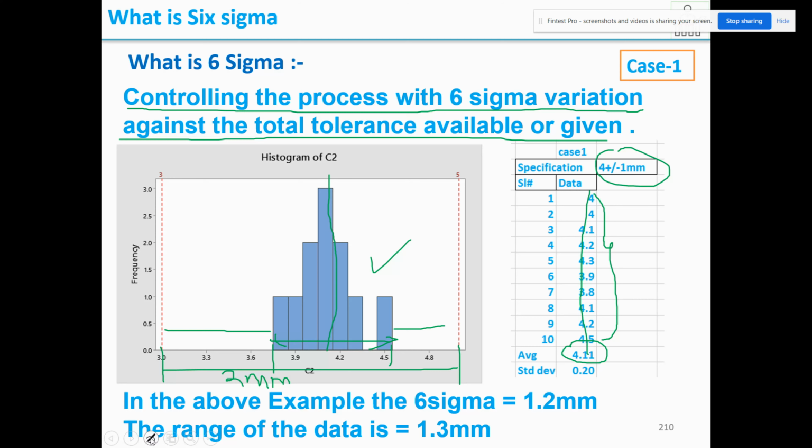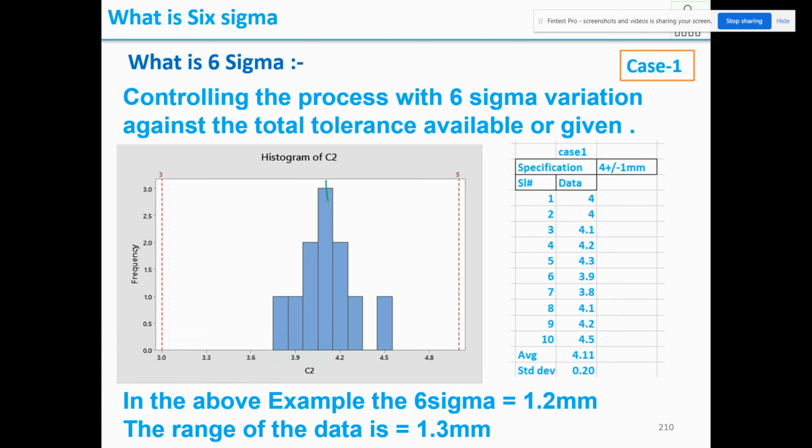What the meaning here is: 4.11 is the process mean. From 4.11, my sigma is 0.2. That means from 4.11, 0.2 mm positive variation is there and 0.2 mm negative variation is there. This is the meaning.